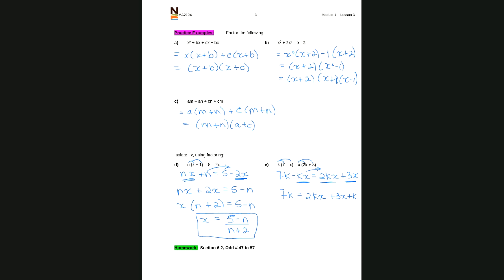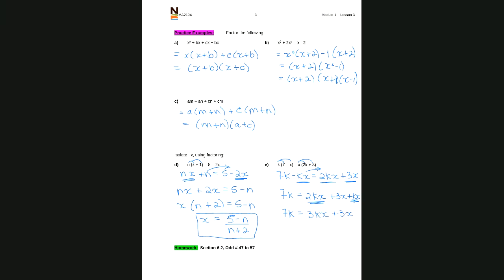Before doing a common factor, if you notice, 2 of these terms are actually alike. They are both kx terms, so you can add them together. So you have 2kx plus 1kx, which is 3kx.